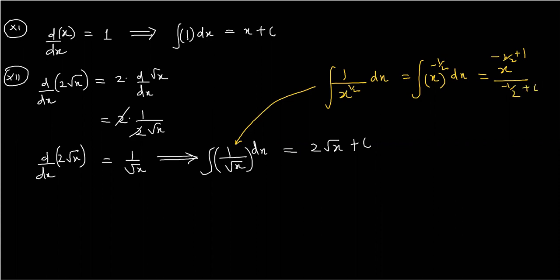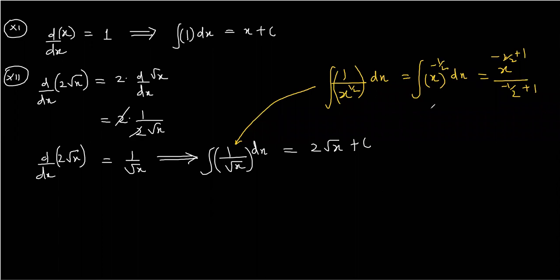There can always be such an argument, that I will integrate 1 upon root x by writing 1 upon x raised to half, which becomes x raised to negative half. Then I will apply x raised to n.